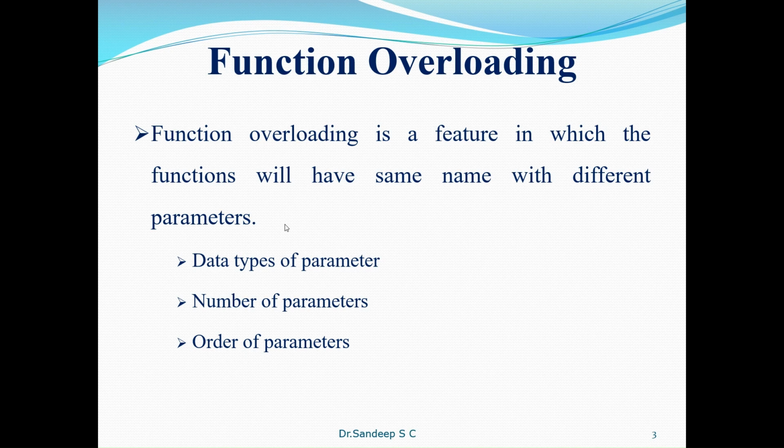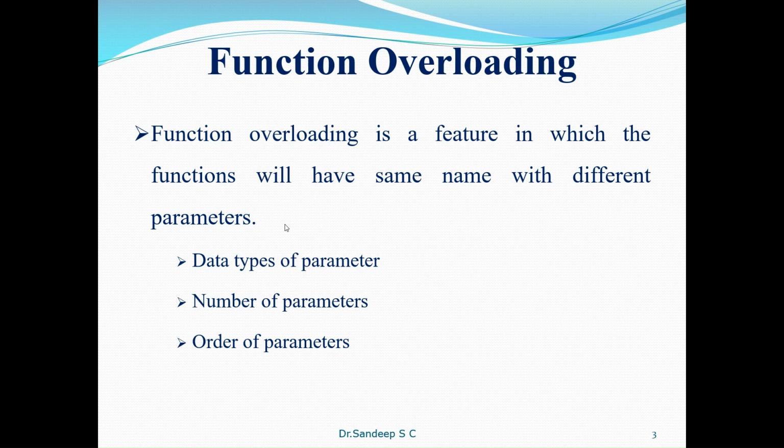Now if we observe the example I just explained, both functions have the same number of parameters and the data types are also the same, but the order of the data types is different. One function takes an integer first and then a float as the second argument, whereas the other function takes a float as the first argument and an integer as the second argument. Like that, we can change the order of arguments and overload the functions.